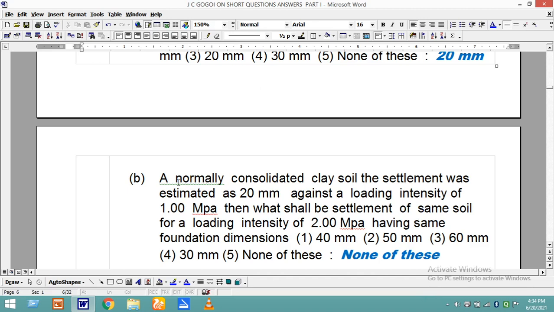But for normally consolidated soil, the equation is Cc H0 divided by (1 plus e) times log of (P divided by effective overburden pressure). With these factors it cannot be a very short question, it will require minimum 5 minutes. So the correct answer will be none of these.